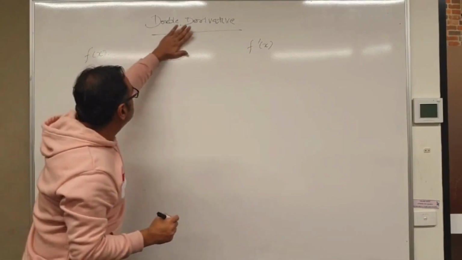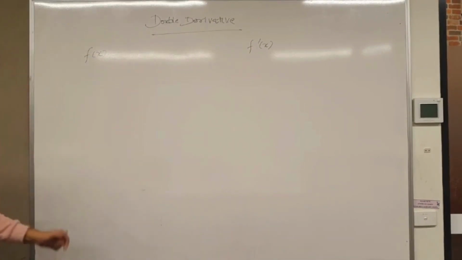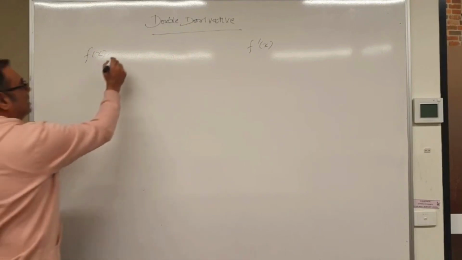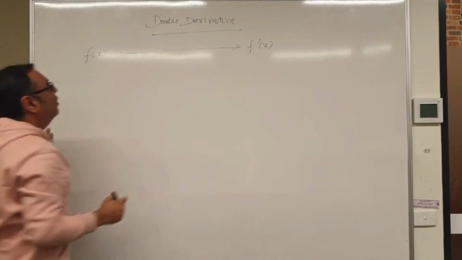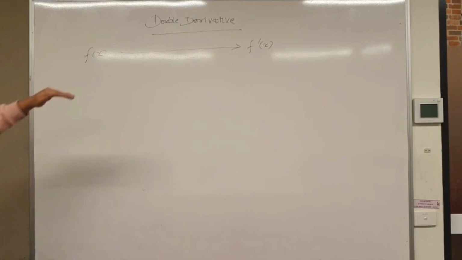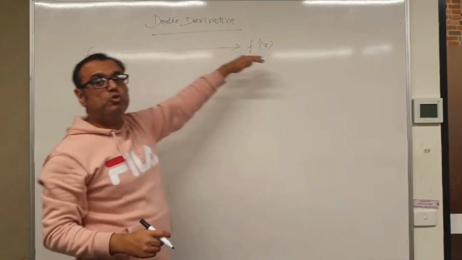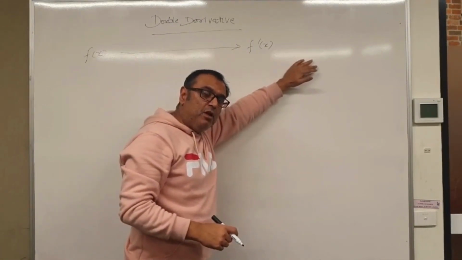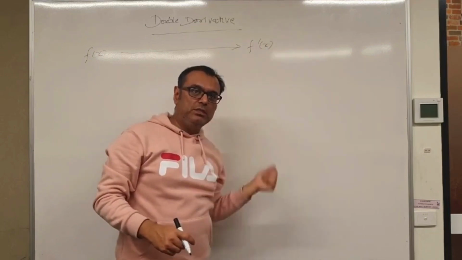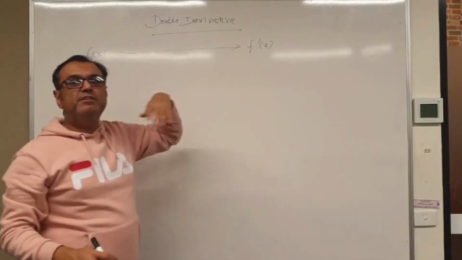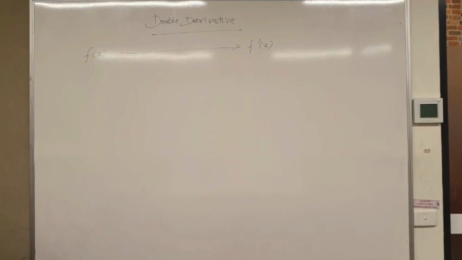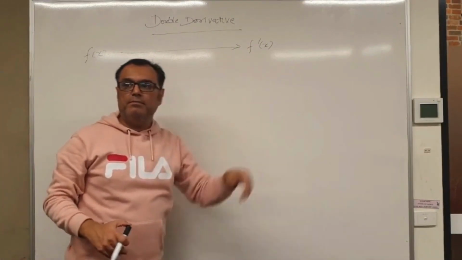Forget about the double derivative for a while, and let's understand how f of x, the function itself, is connected to its derivative. What information does the derivative give me?